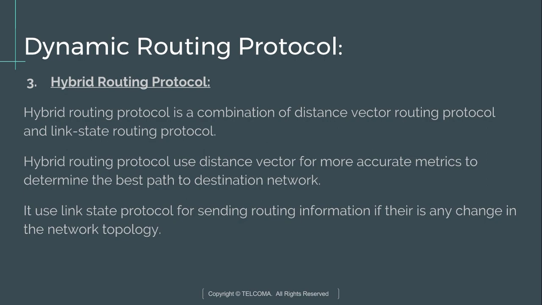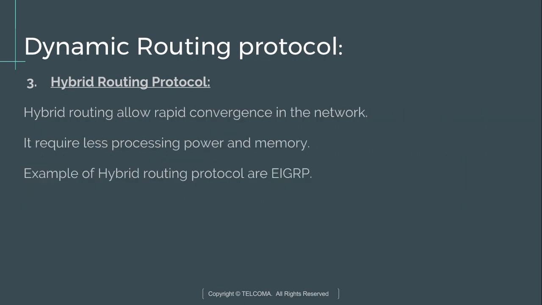So they use the best thing from the two protocols and make it the hybrid routing protocol. The hybrid routing protocol allows rapid convergence in the network, and the routers used with hybrid routing protocols require less processing power and memory. An example of a hybrid routing protocol is EIGRP. This is the protocol used as the hybrid routing protocol.